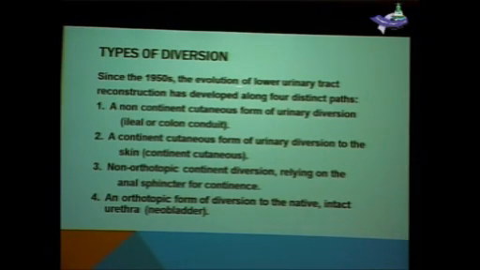Or a continent cutaneous form, where we cannot use the urethra, so we create a pouch with an intussuscepted valve or different types of valves to make a continent bladder, mainly into the umbilicus.